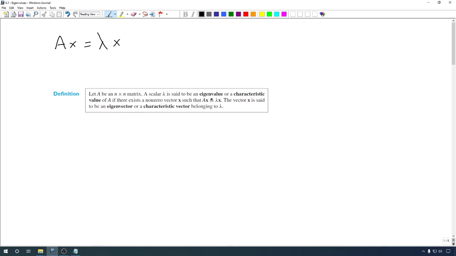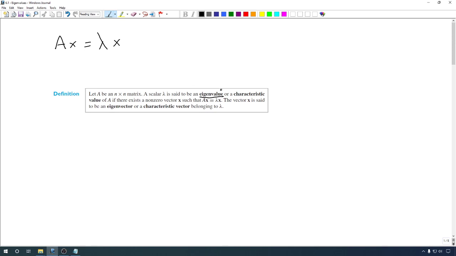But we are going to call this lambda an eigenvalue, or as the book says, a characteristic value of A. Now, the term eigenvalue, eigen comes from a German word meaning characteristic. So we're just using some foreign language here. But I prefer the word eigenvalue because it's a little bit more unique. Characteristic value feels too generic in my view.